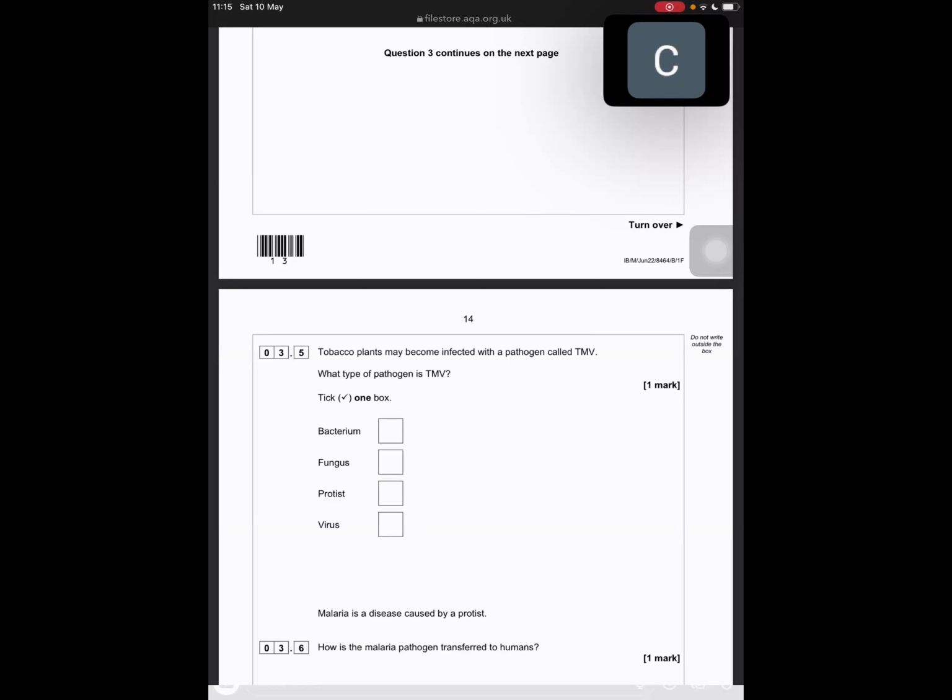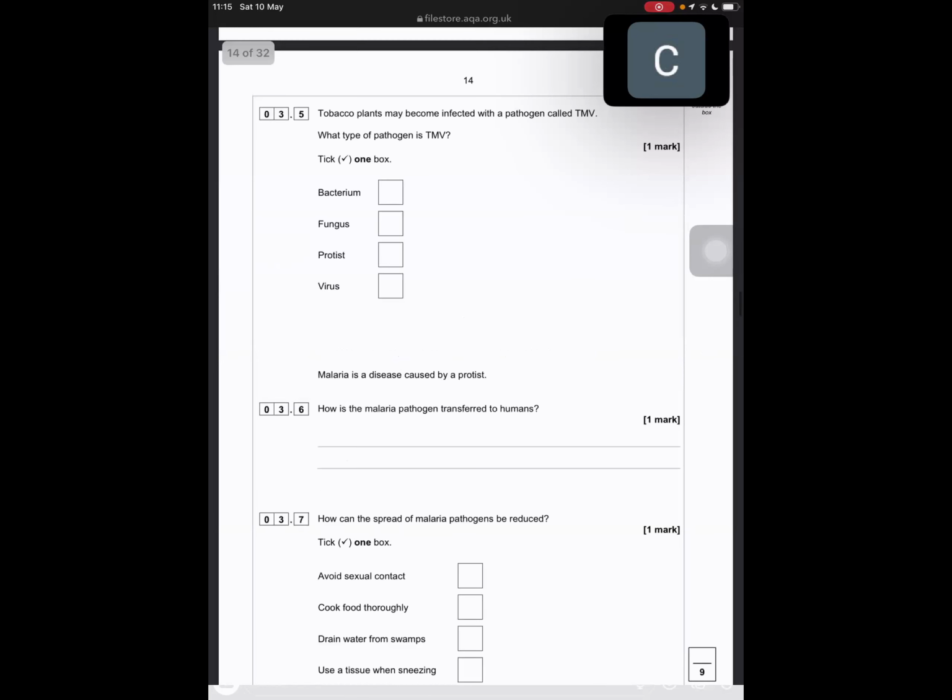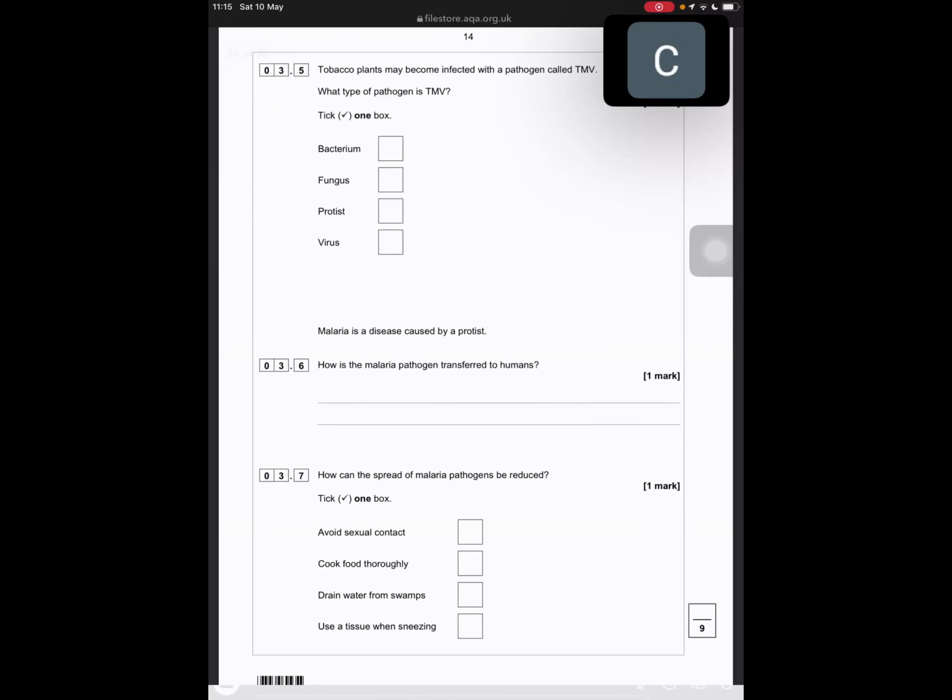Okay, so we want to scroll down. Are there options? Okay, it says how is it? So we're supposed to explain.